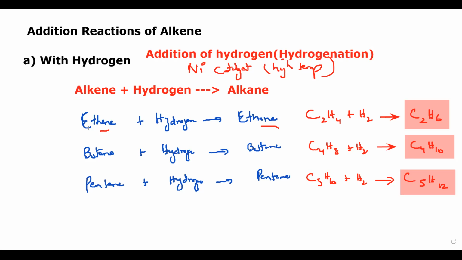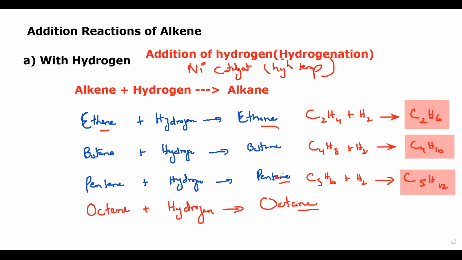If it's ethene plus hydrogen, it gives ethane. Propene plus hydrogen, propane. Pentene plus hydrogen, pentane. If we have octene plus hydrogen, what will be the product? Oct because of 8 carbons, and the double bond will break and turn into a single bond, so it will become octane, ANE.